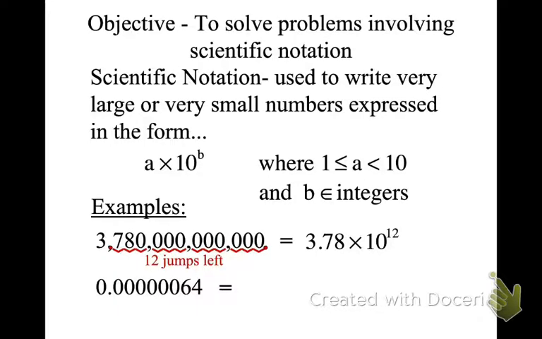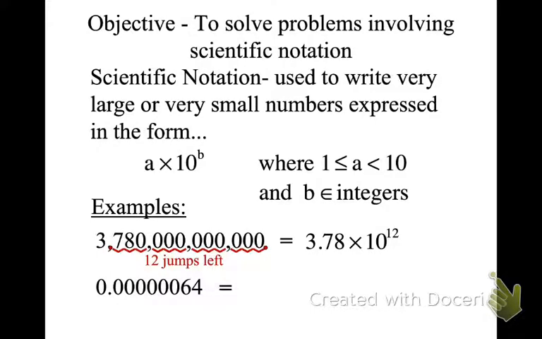Now notice, we started out with a whole number, so my exponent will be a whole number. Okay? We started out with a positive, doesn't matter if it's positive or negative. It's a whole number, so my exponent is a whole number. It's positive. Okay? Now, look at the next one. It's a decimal.